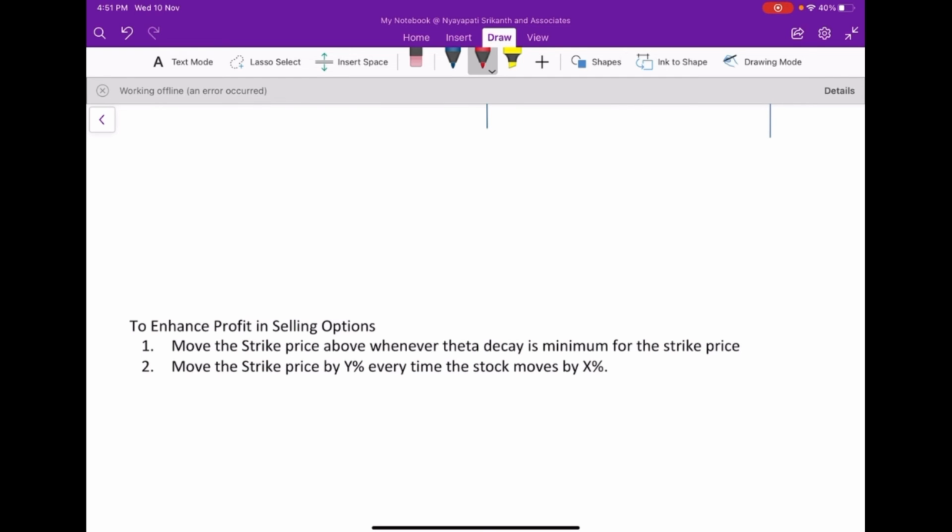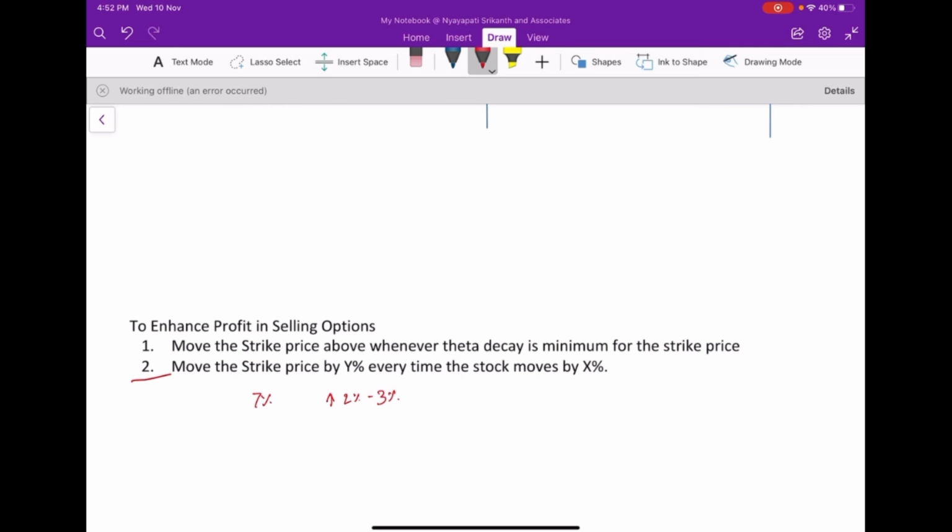The second way is to move the strike price by Y% every time the stock moves by X%. That means if a stock price moves by 7%, then move the strike price up by 2% or 3%.